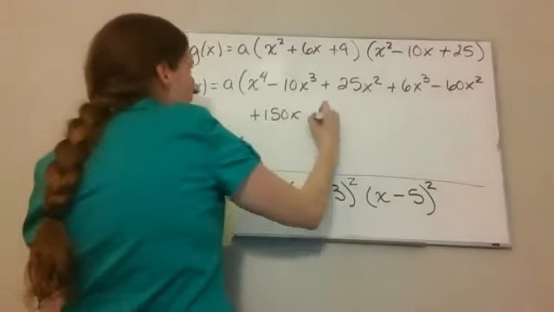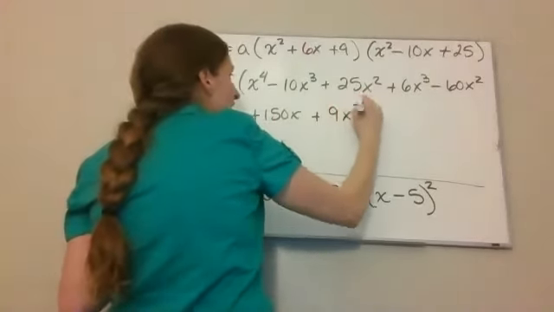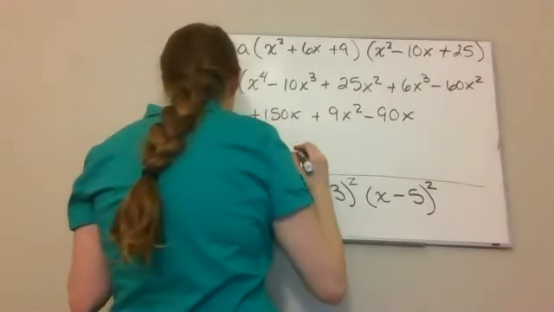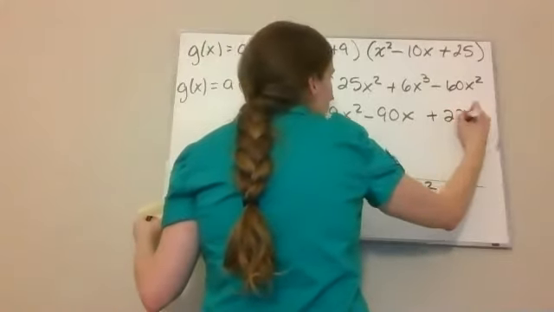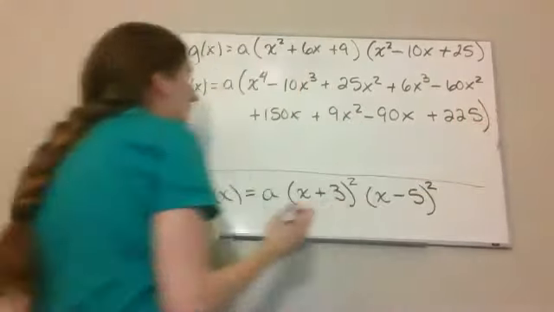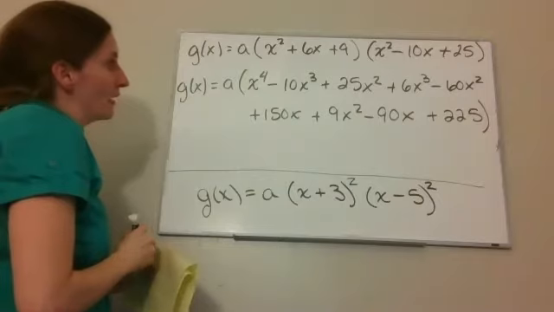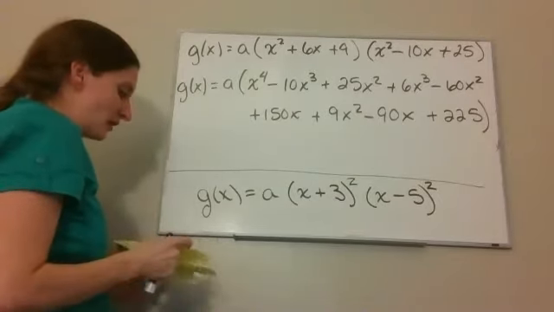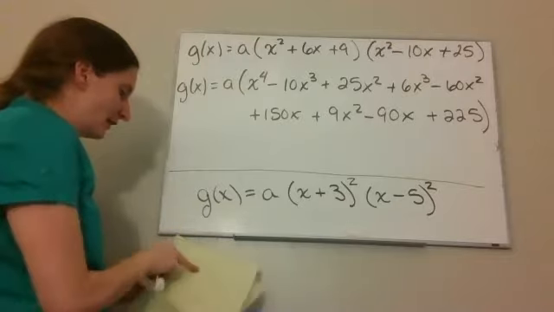Now distributing my 9, I get a 9x squared, a minus 90x, and 25 times 9, which is 225. And that could be my polynomial. But let's go ahead and combine some like terms and see what it is a little bit simplified.